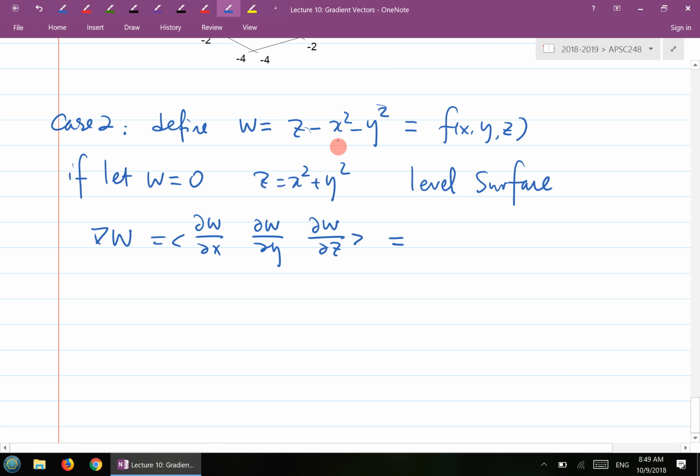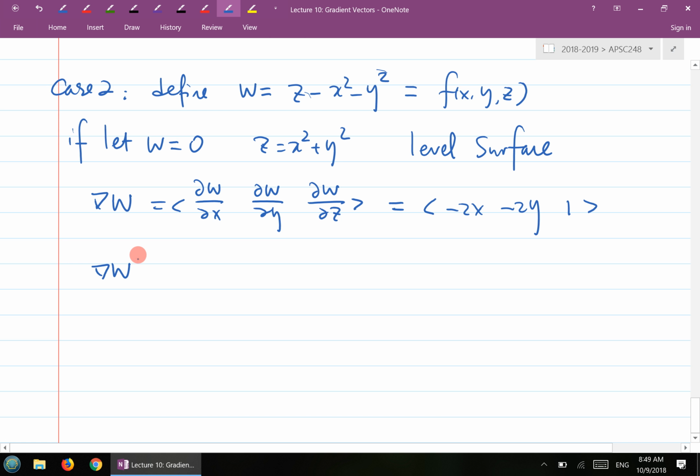Now let's look at this function, w is z minus x squared minus y squared. So partial over x, negative 2x, partial of this here, negative 2y, and partial of that is 1.